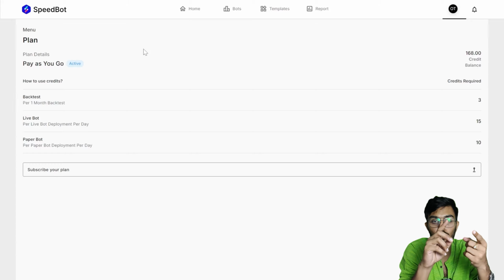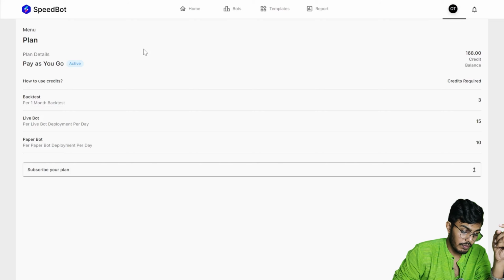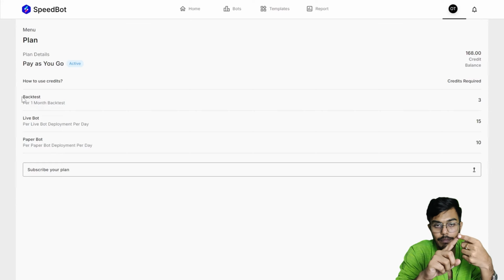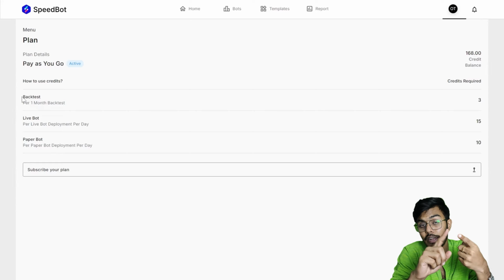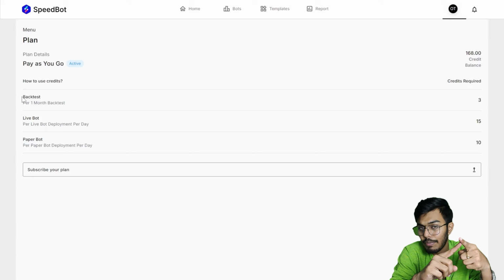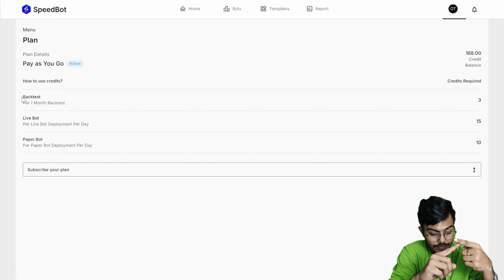The first step would be to recharge your wallet. Then whatever things you are performing, SpeedBot will automatically deduct the credits from your SpeedBot wallet. Over here, you get to use three types of capabilities. One is backtesting, where for every 1 month of backtesting, 3 rupees or 3 credits are deducted. Next is paper trading, where daily paper trading of your bot will charge you around 10 rupees or 10 credits.